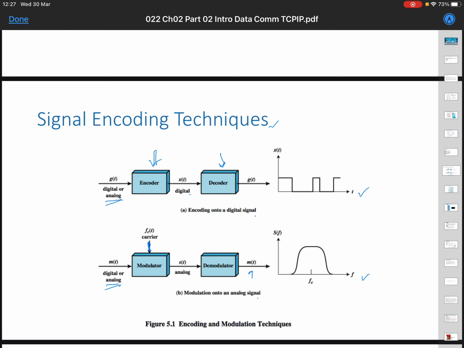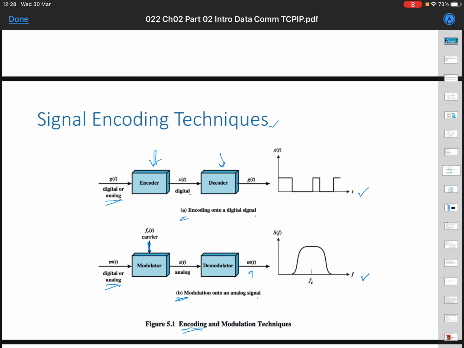So this is a summary, a brief description of the encoding and decoding process for figure A, and the modulation and demodulation process for B. Of course, this topic, encoding and decoding, modulation and demodulation, is far more complicated than this figure. You need to find out details on your own.